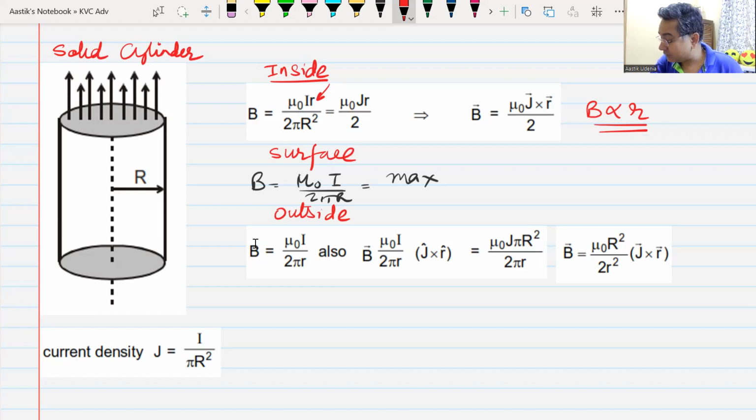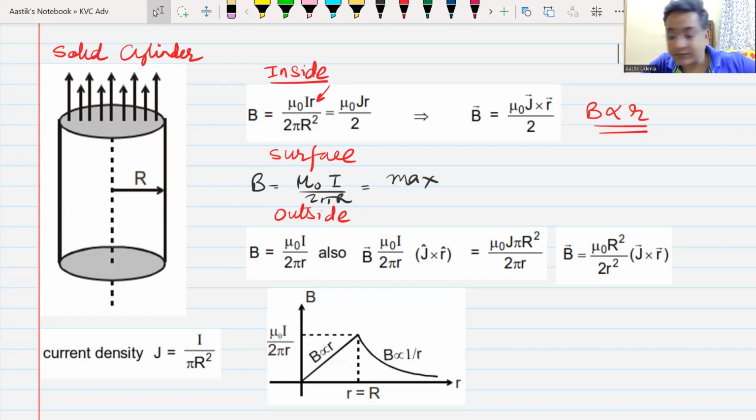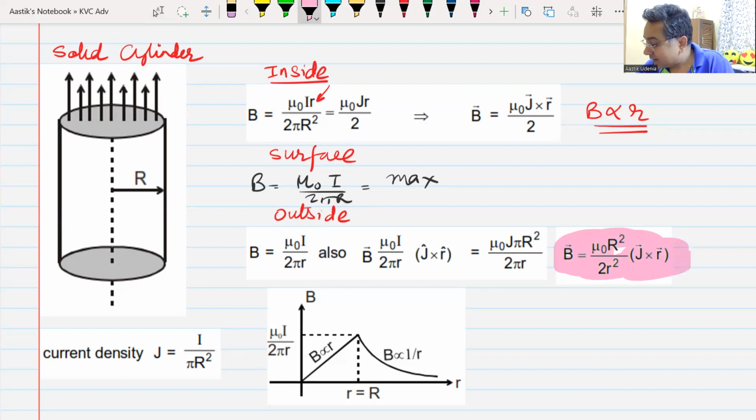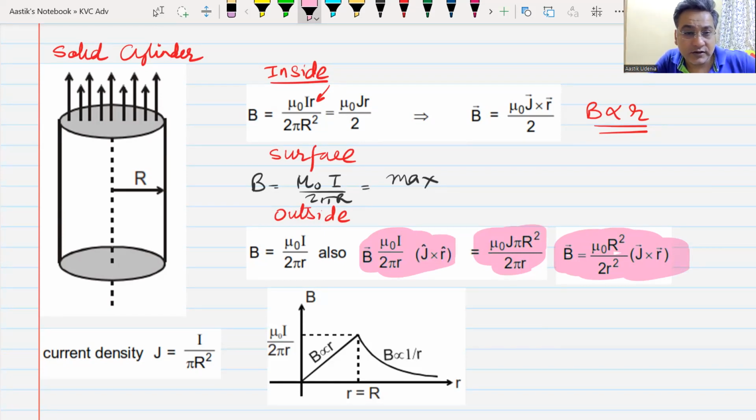Similar formulae, I have also given you the vector form. At which point is the magnetic field maximum? It is maximum on the surface. This is the scalar form, this is the vector form for outside. You can write it in different ways. I'll give you time to note it down.